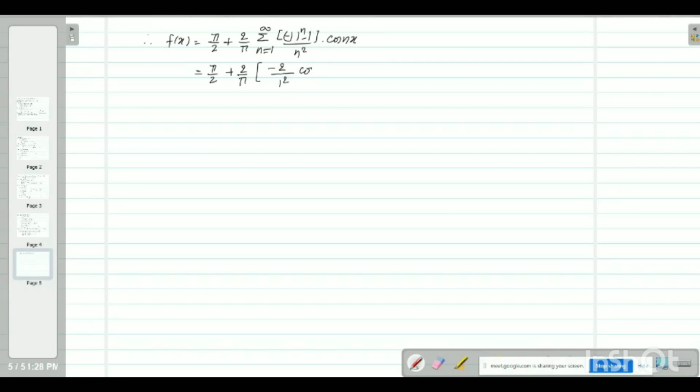Here we write cos x and minus again. So if n equal to 2, the square of a negative number is positive, so 1 minus 1, that will be 0. Okay. If n equal to 3, this will be minus 1 and minus 1 again, so this will be minus 2 by what?